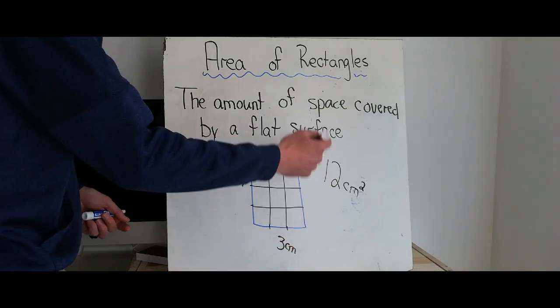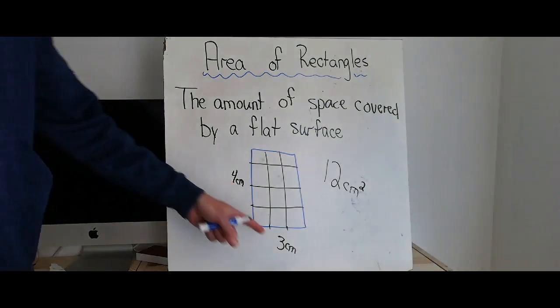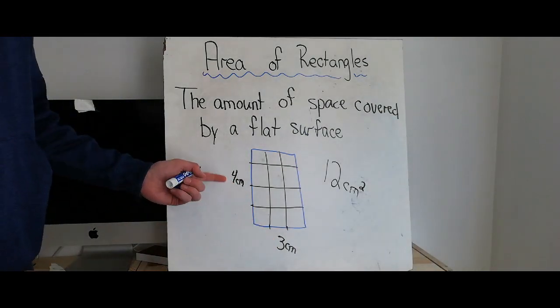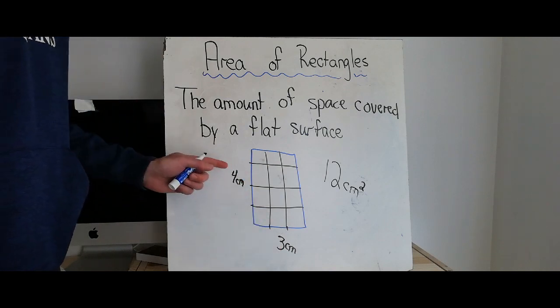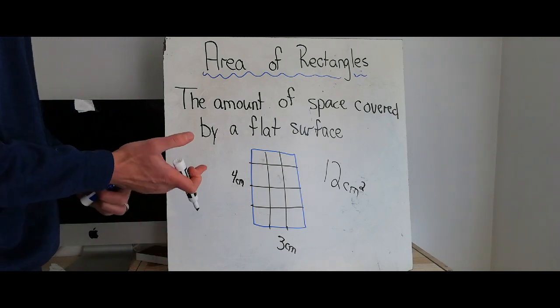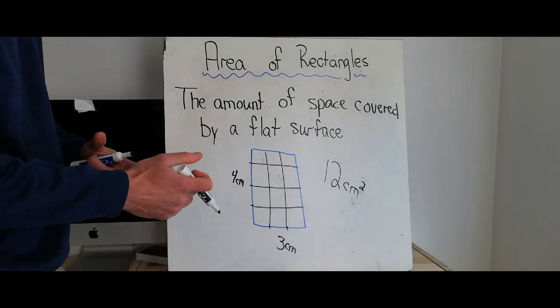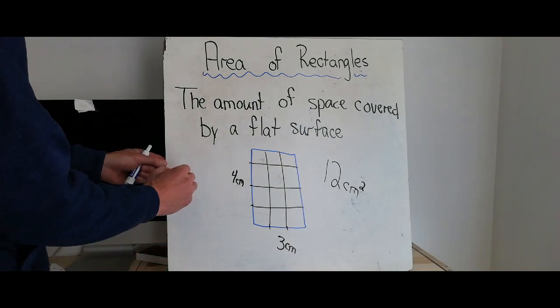so 12 centimeters squared. Now some of you might see this and be like, well, 4 and 3, how do you get 12 from 4 and 3? Well, you just multiply them together. So really, when it comes down to it, finding the area of a rectangle is pretty simple. I'll just write the formula over here.